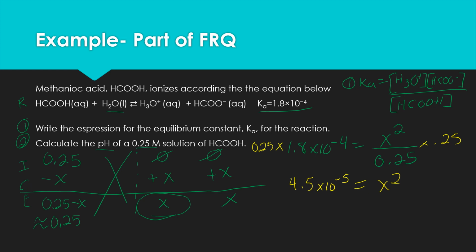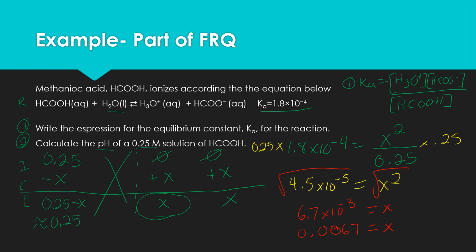And then we want to square root both sides to get rid of that square. Square root that answer, and we get 6.7 times 10 to the negative 3. So X is basically 0.0067.